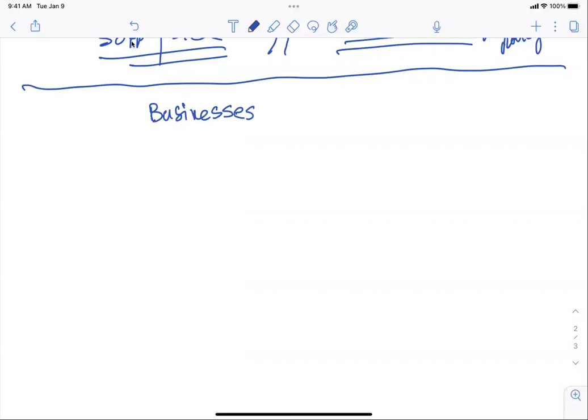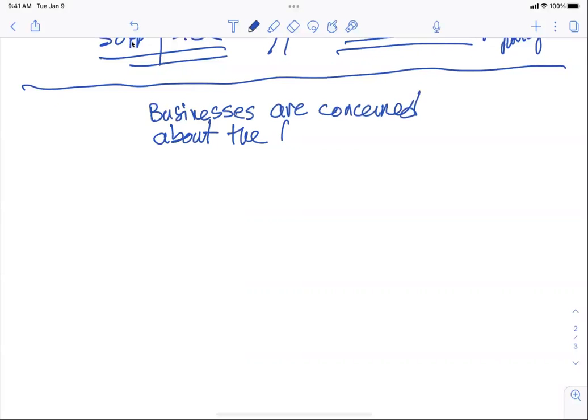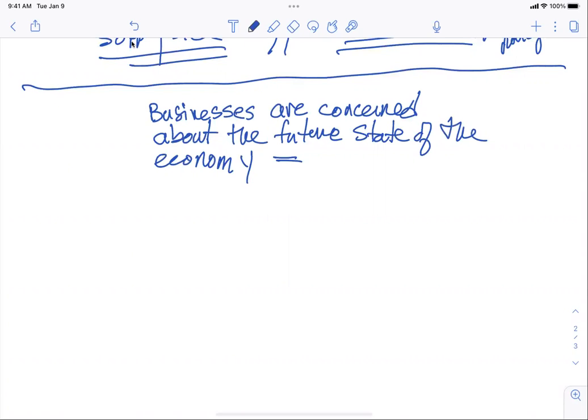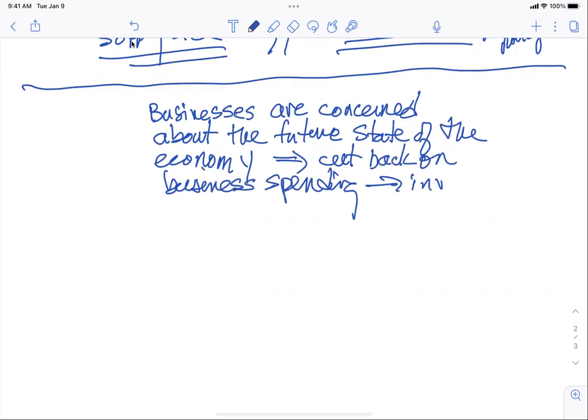Businesses are concerned about the future state of the economy. They're pessimistic about it. They think there might be a recession coming. And so they cut back on business spending. What do we call business spending? Investment.